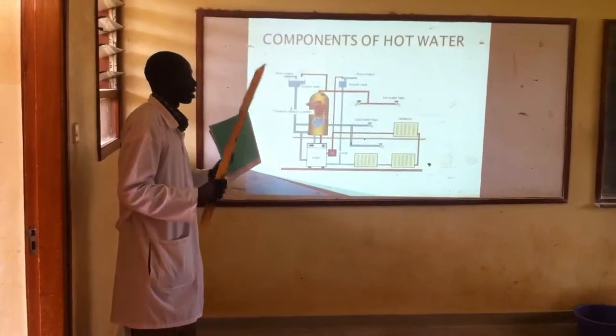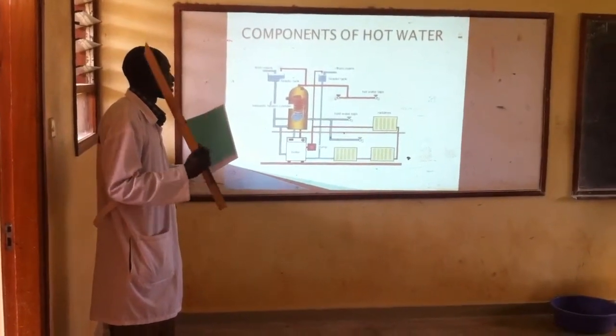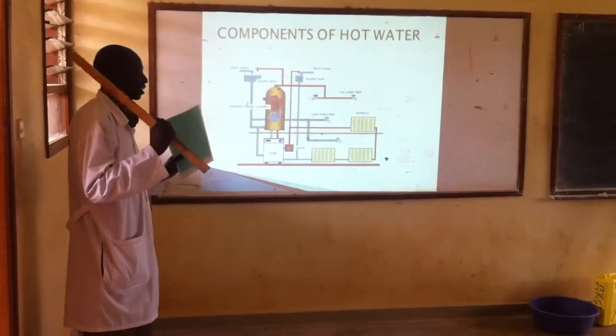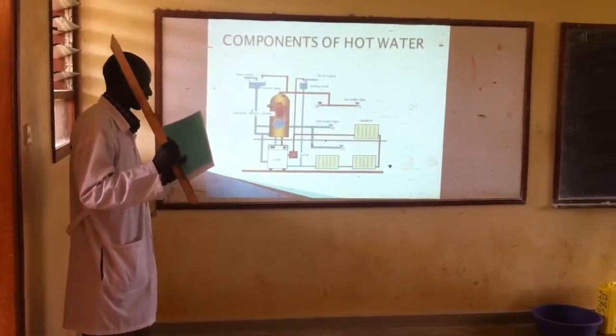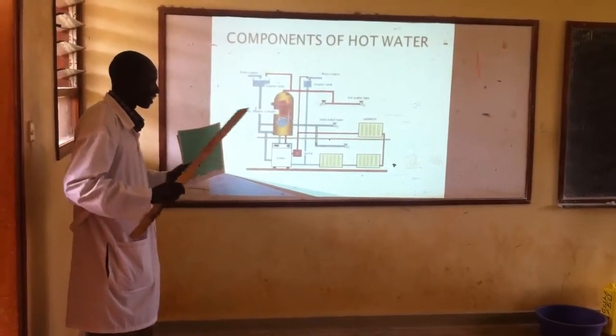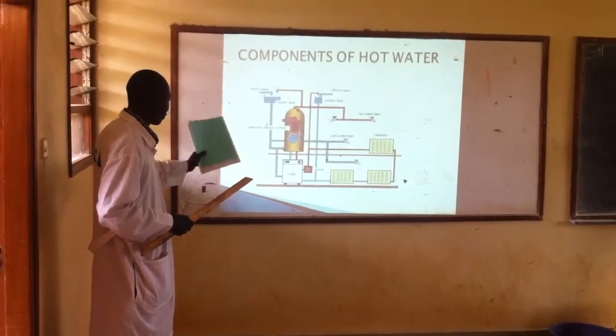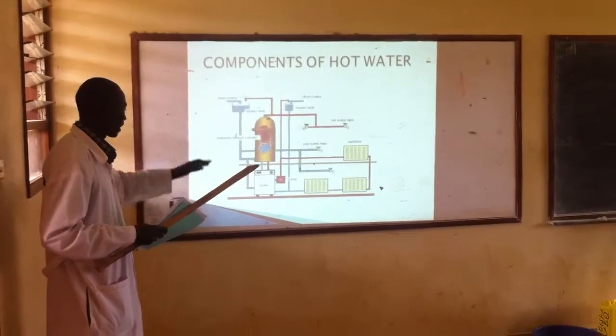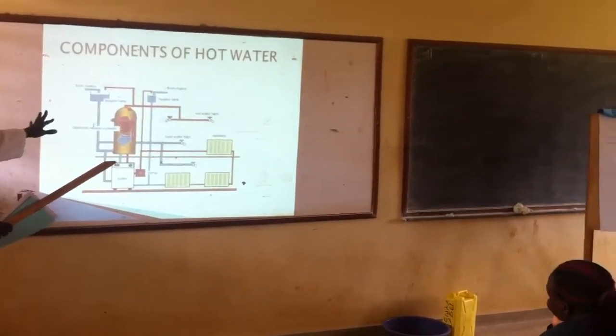Now tell me the components of the hot water system involved. Then you list the components which are in the hot water system. What are the components? What are you seeing there?